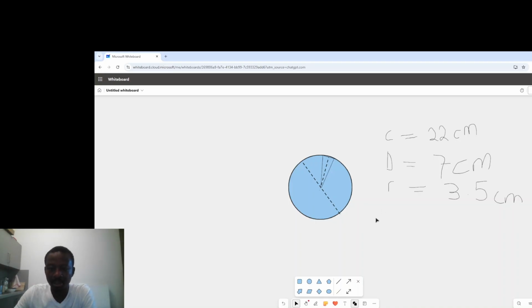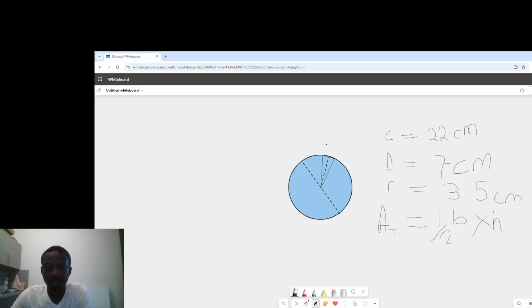And the area of a triangle, I'll write it, A T is half times base times height.